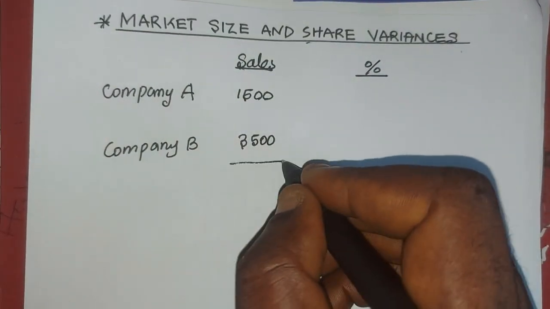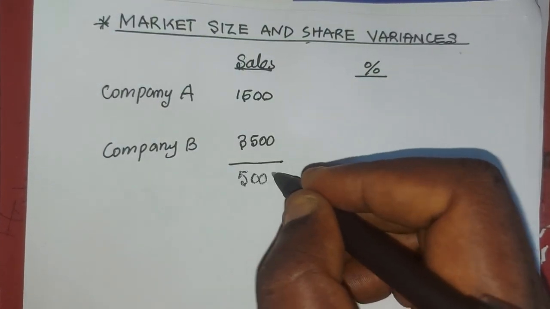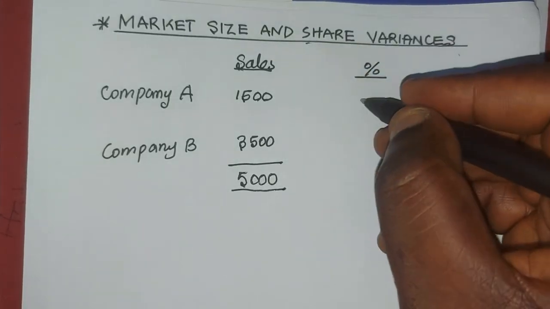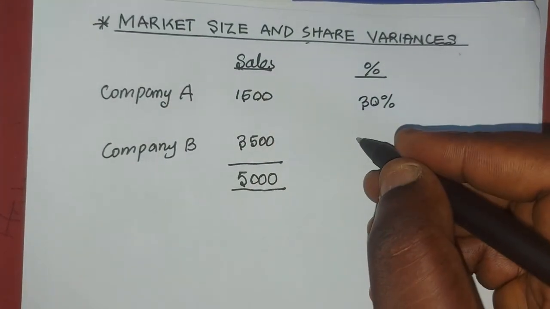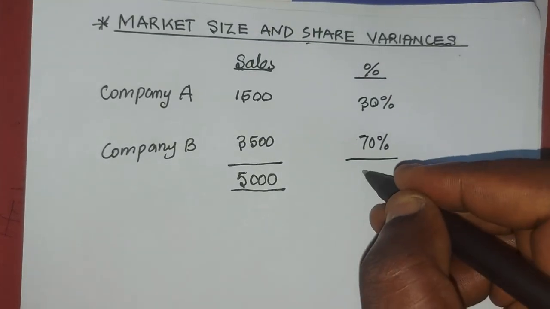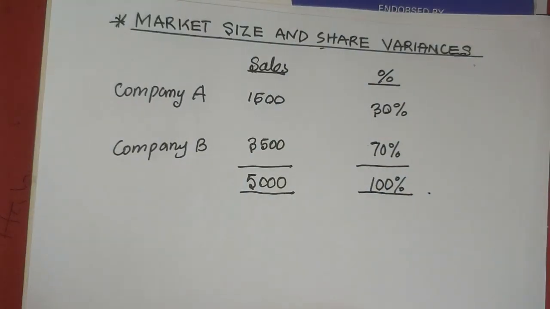Now what is the total sales in this single market? It is 5,000 units. Then the percentage: we have 30%, and the percentage sales here is 70%. Then the total percentage is 100%.